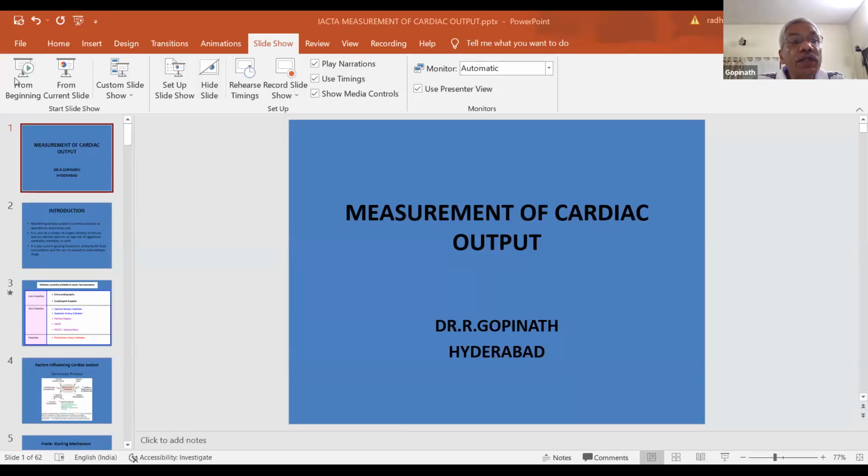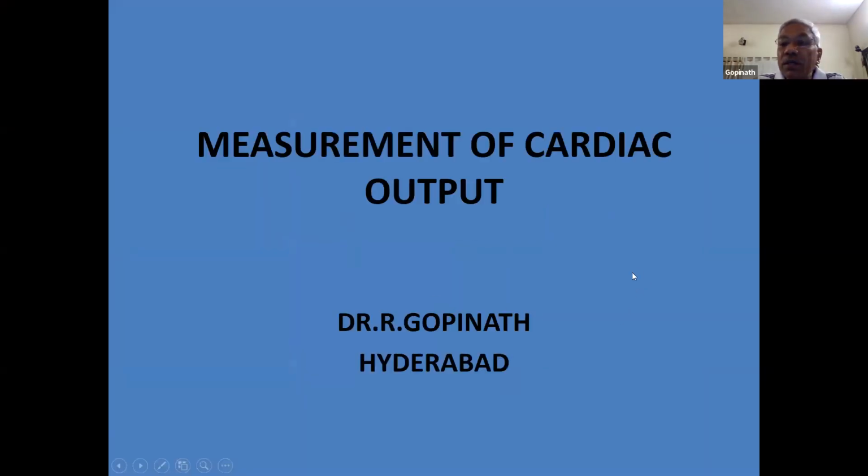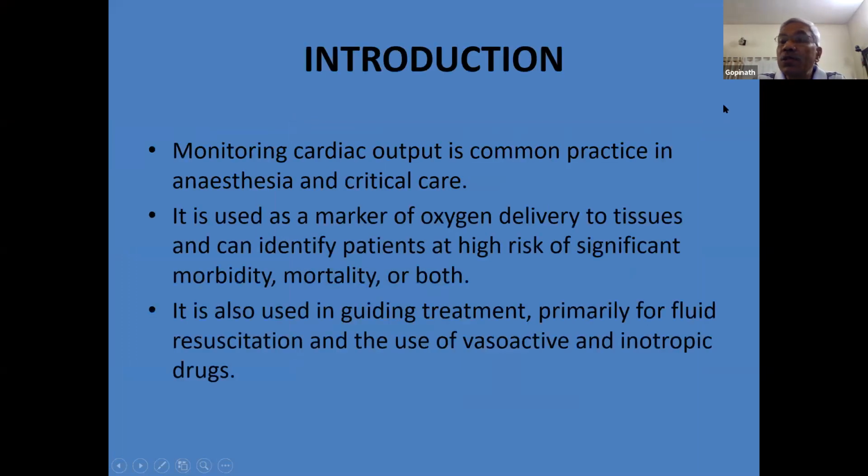Why is it that we are interested in measuring cardiac output? It's a very important means of having a look at the cardiovascular system.